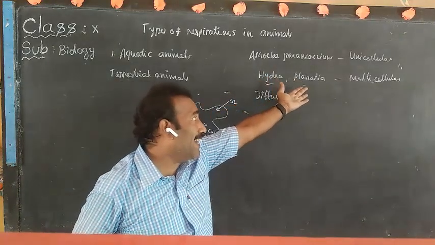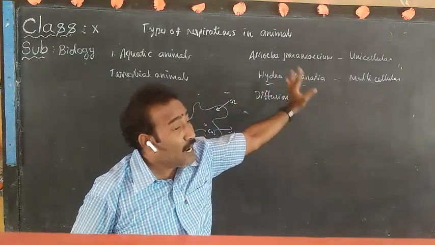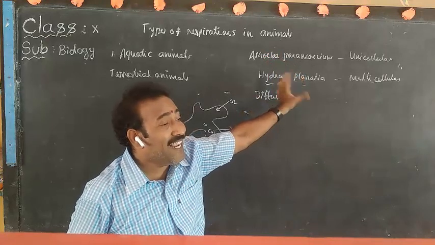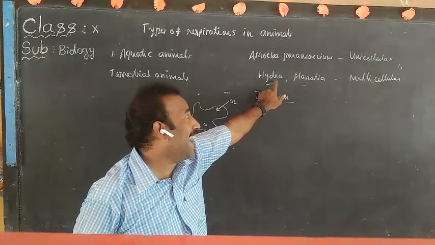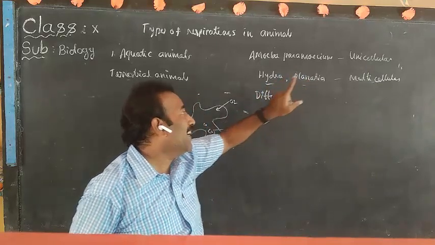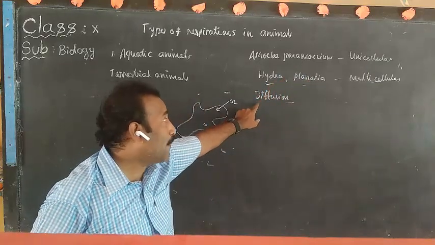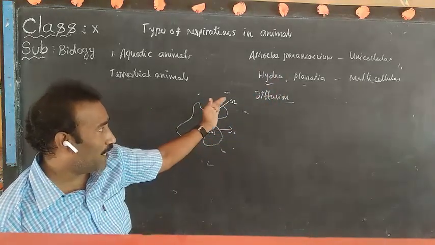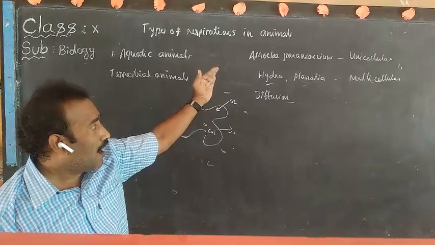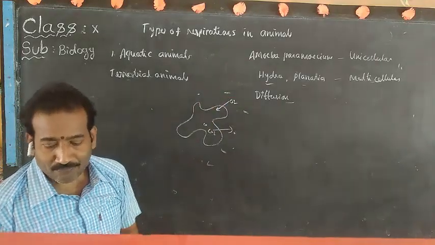Even hydra and planaria are multicellular animals, but they have a simple body. That's why in these animals also, respiration is by a process called diffusion, the movement of molecules or ions from higher to lower concentration.